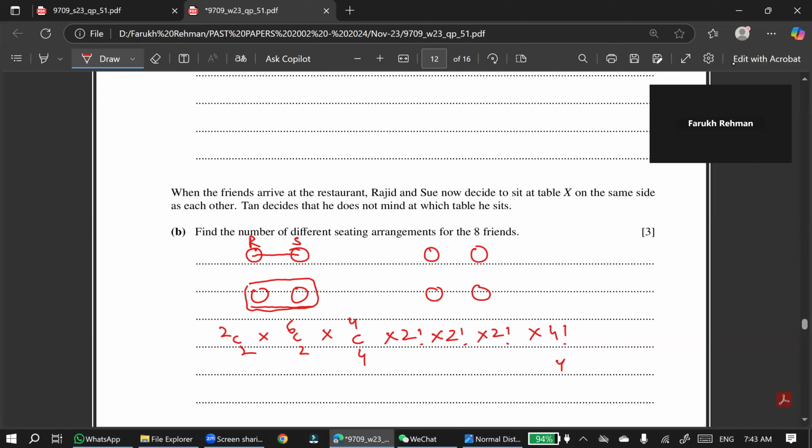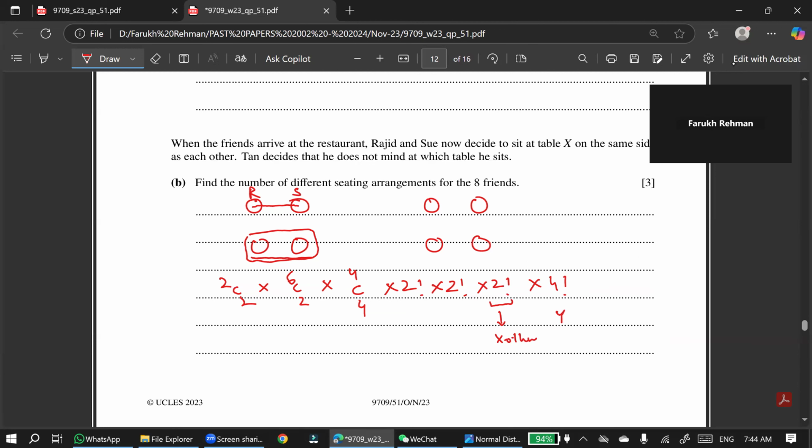This one is the arrangement for table Y. This one is the arrangement that the other 2 persons on table X can be arranged. And this one is for the 2 sides of the table for Rajit and Sui.